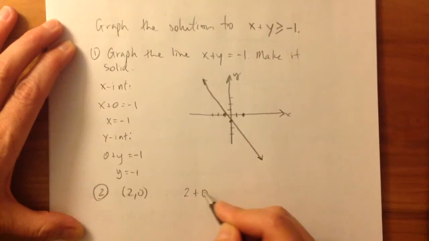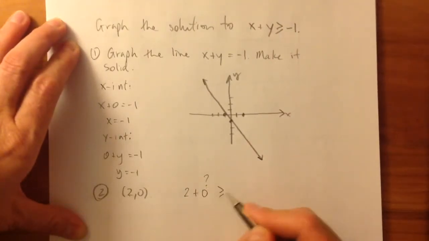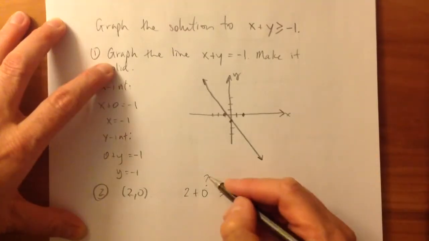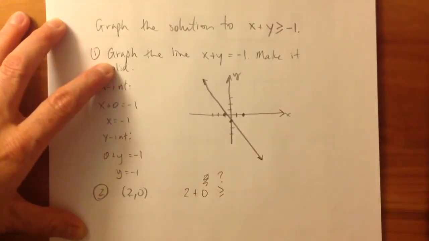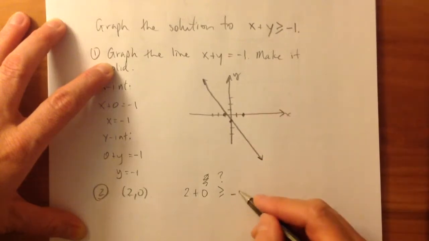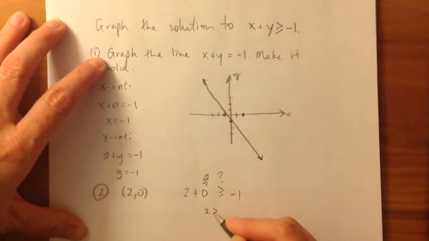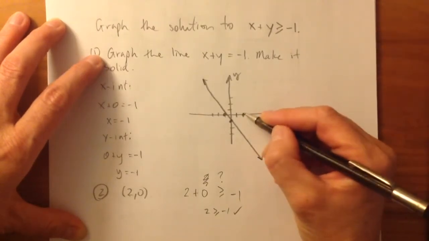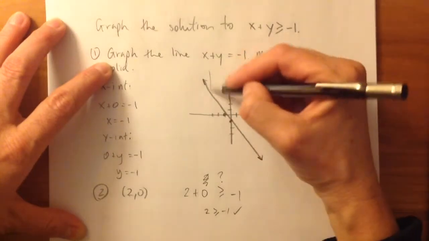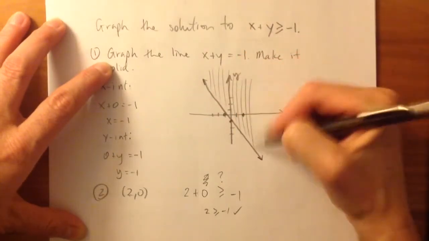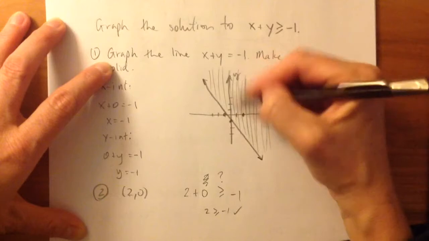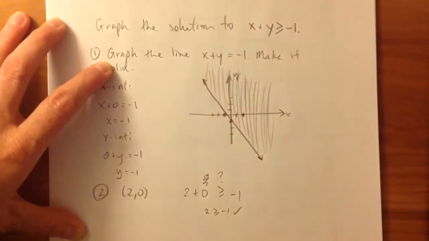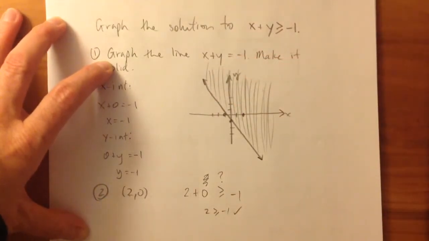So 2 plus 0, is that bigger than or equal to -1? And yes, 2 is bigger than or equal to -1. That is true, and so we're going to shade the region including the point (2, 0). Okay, so that right there is the solution to our inequality.